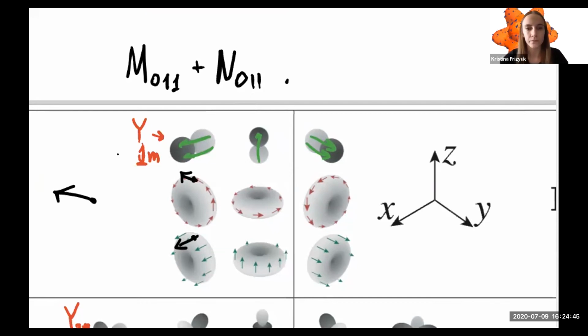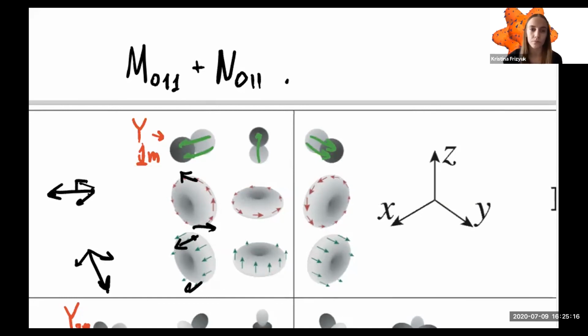Wait a minute. So you have this plus this, and you will have something like this in the upper point, but in the bottom point you will again obtain something like this. But you have a different direction of electric field in the upper point and in this point, while the intensity is similar.